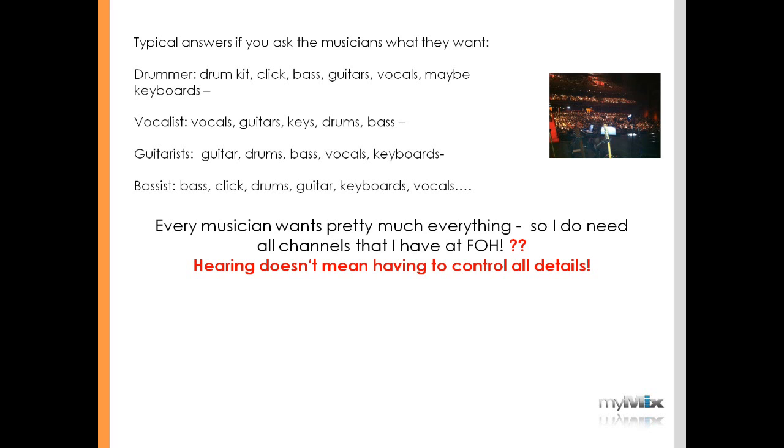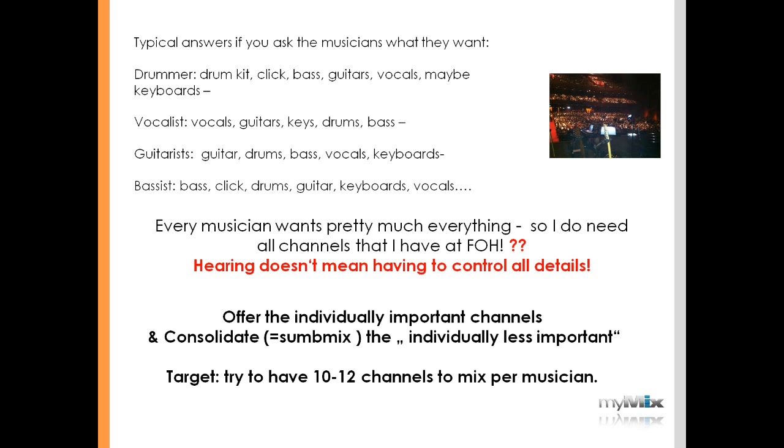So, in order to please all the musicians but not to overwhelm them, we recommend to offer the individually important channels and consolidate or submix the individually less important channels. The target should be to have about 10 to 12 control channels per musician. Now, it can be more or less, but that should be your target in order not to overwhelm.